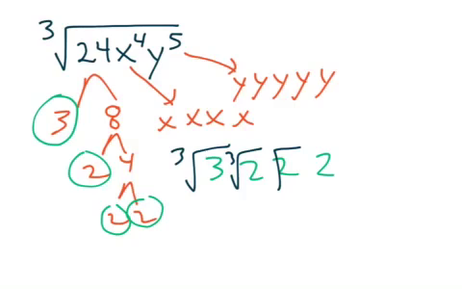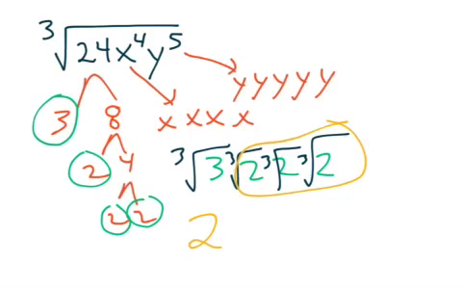Because it's based on cube root, or 1/3 power, how many of these factors do we need to make a regular number? Well, we'll need these three 2's, I hope you understand, and we'll make a regular 2.